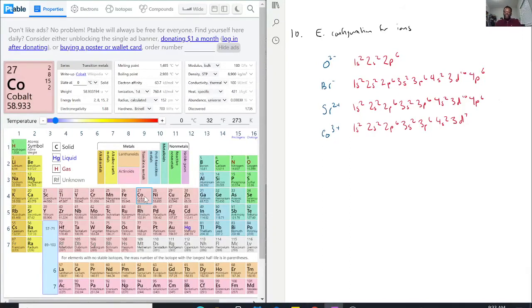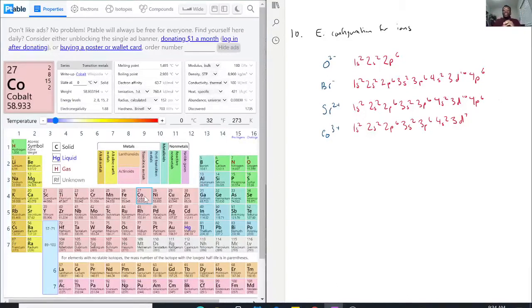Okay. So now this is going to be quite an interesting one. Because you would assume that if cobalt lost 3 electrons, we just go based on the order. We would want to lose it from the d orbital, because the d orbital and the s orbital are relatively close to where it could lose from it and it would count technically as its outer shell.